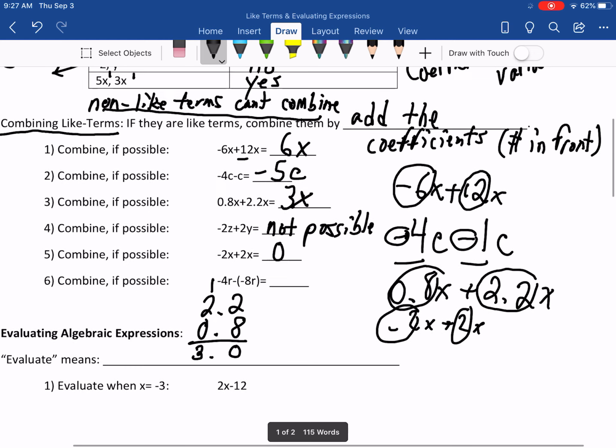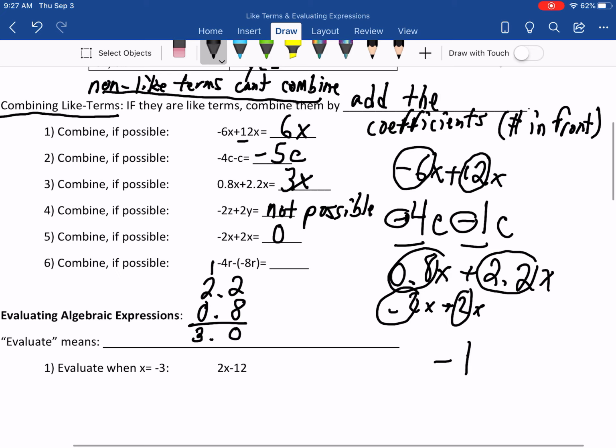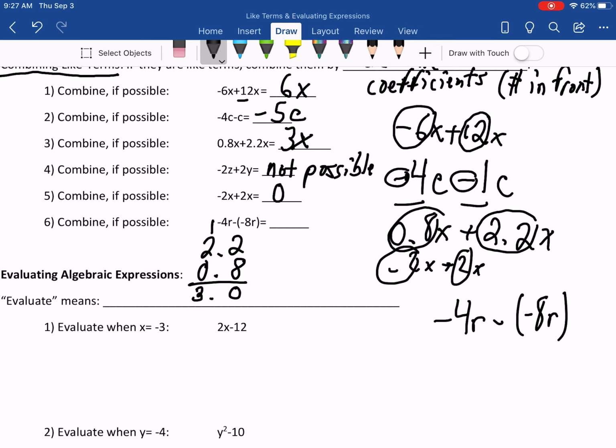Negative 4r minus, parentheses, negative 8r. Okay, are they like terms? Yes, they are. They both have r's and the same exponents. Over here, where we have this double negative, you should remember this changes to a positive.